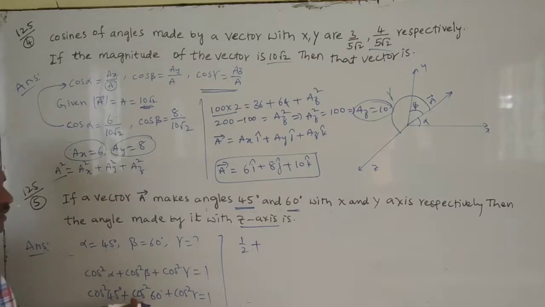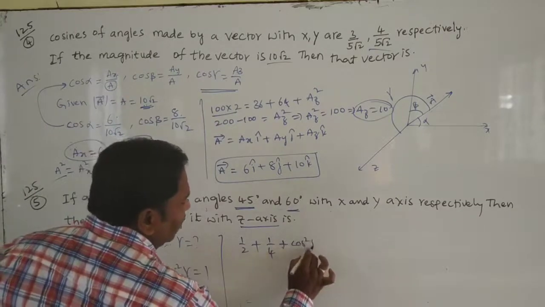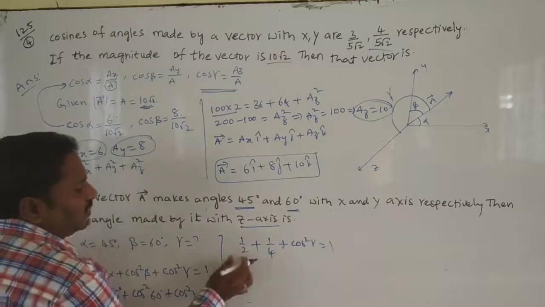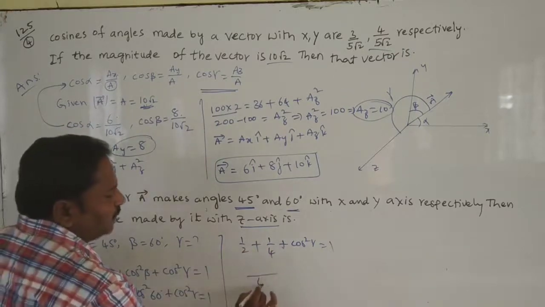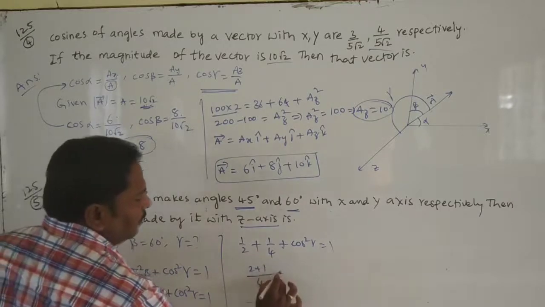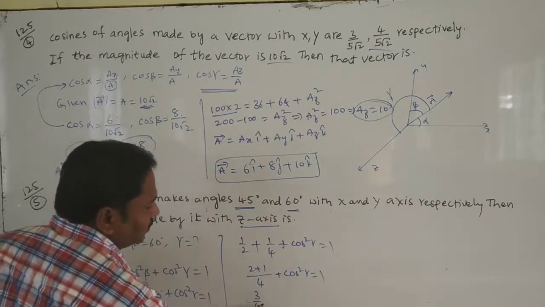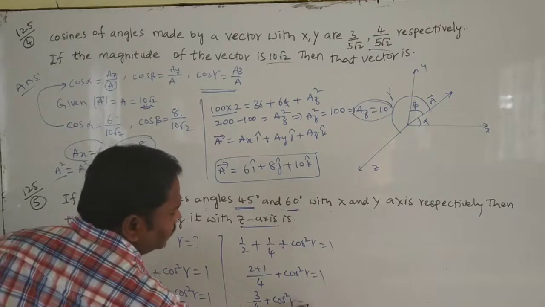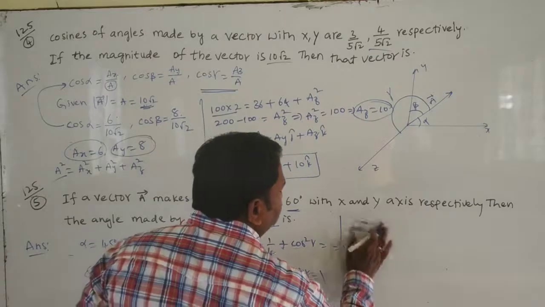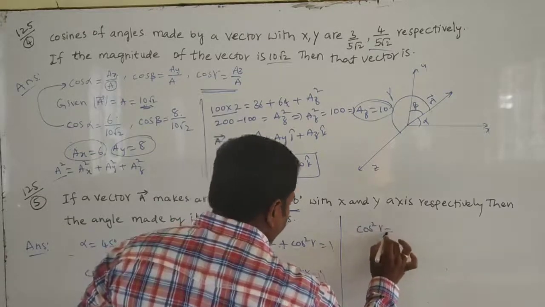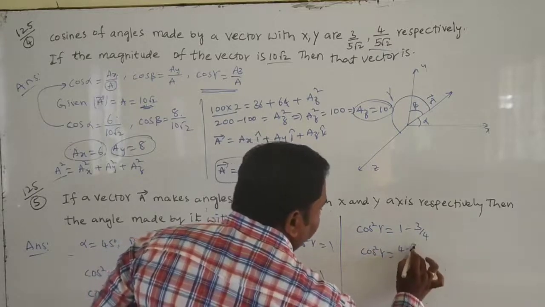Cos 60 is 1 by 2, whole square is 1 by 4, plus cos square gamma equals 1. The LCM is 4, so 2 plus 1, so 3 by 4 plus cos square gamma equals 1. Bringing this to the other side, cos square gamma equals 1 minus 3 by 4, which is 1 by 4.